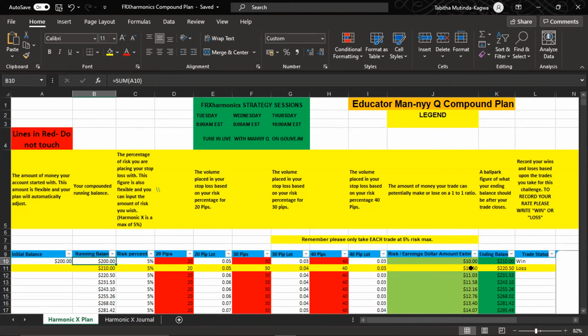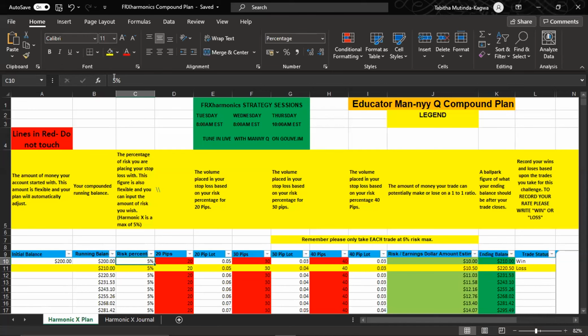Now, depending on the type of trader that you are, whether you're a scalper, an intraday trader, or a position trader, this is the guide to tell you when to stop or when you've hit your target of 5%. The 5% can change. You can come here and change it.